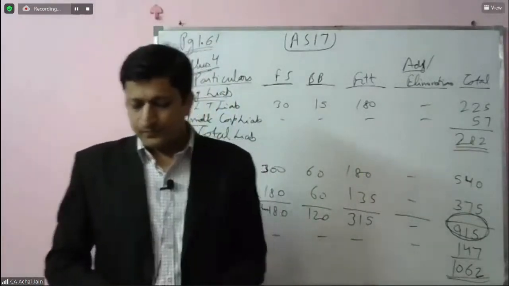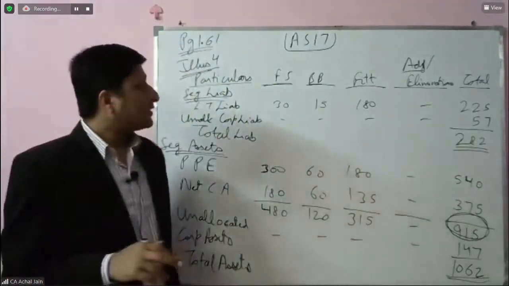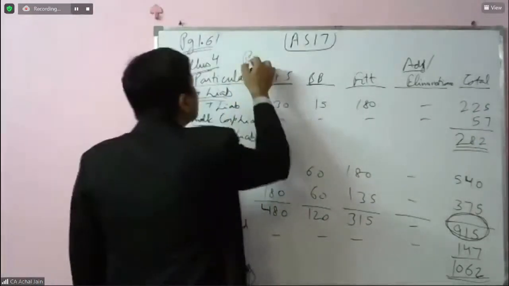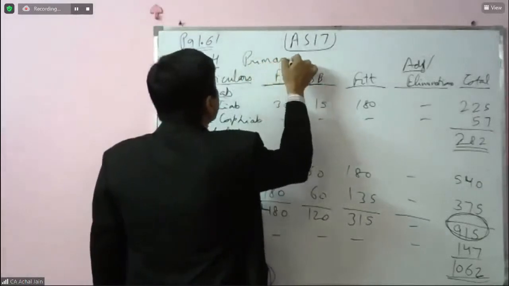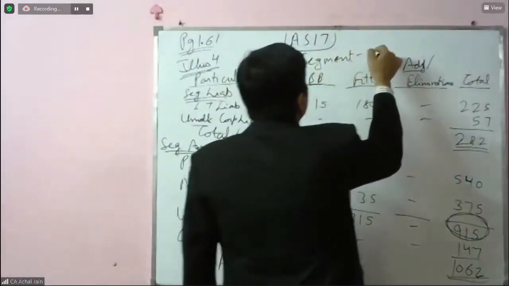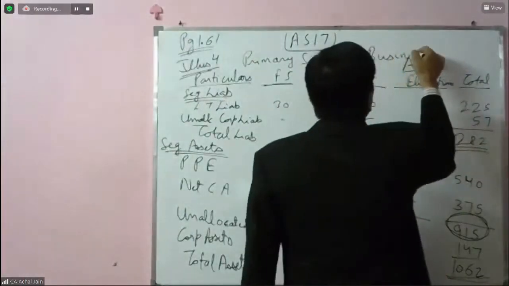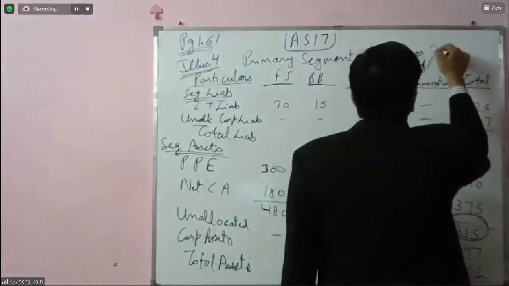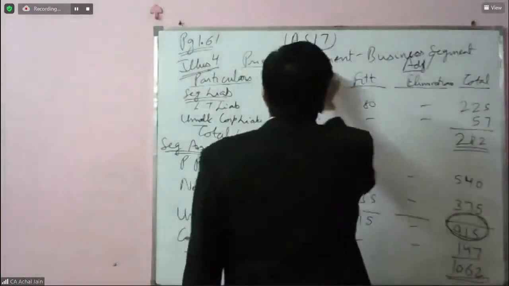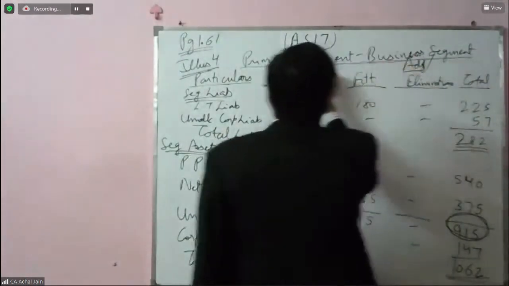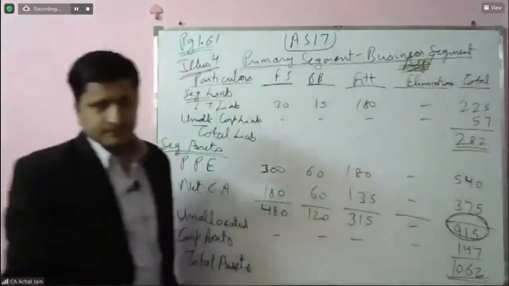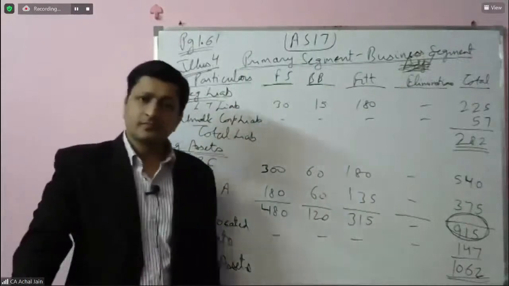Okay. So now this entire disclosure that we discussed was about the primary segment, which was the business segment. So maybe on the top of this disclosure you can write it. And there are no adjustments other than acquisitions. Fine.